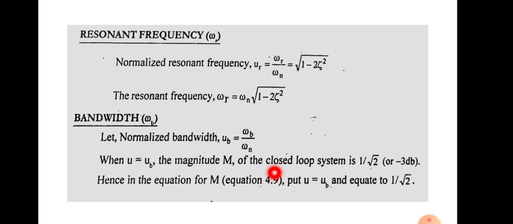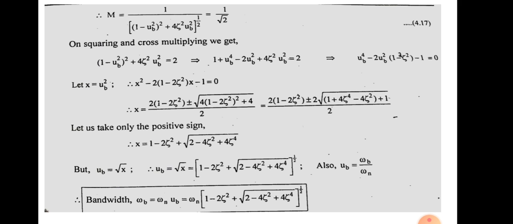So the equation for m, when we put u equal to ub, is given by m equal to 1 divided by [(1 minus ub square) whole square plus 4 epsilon square into ub square] all raised to 1 by 2.